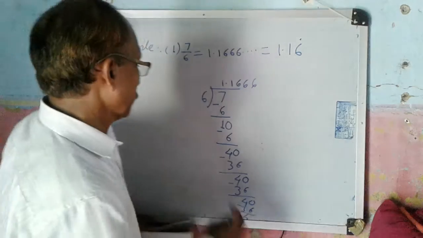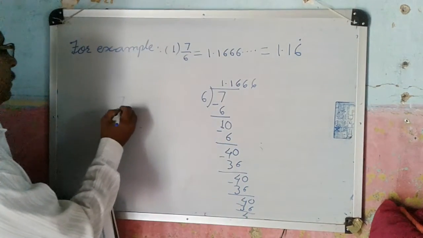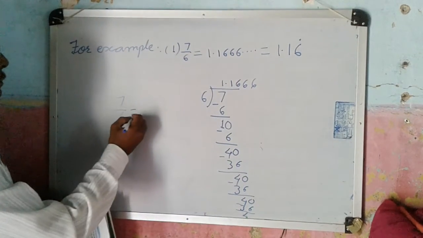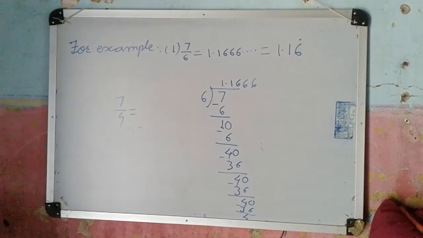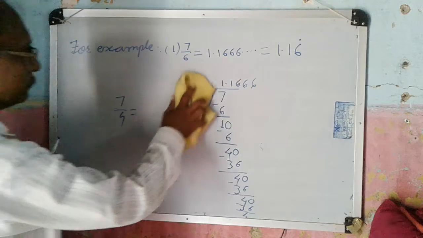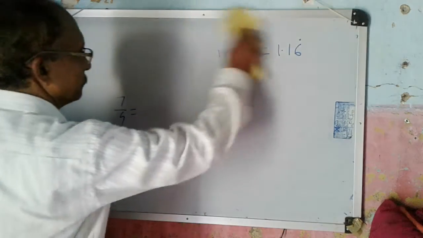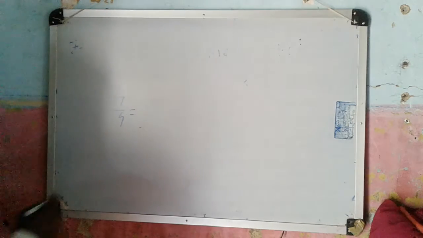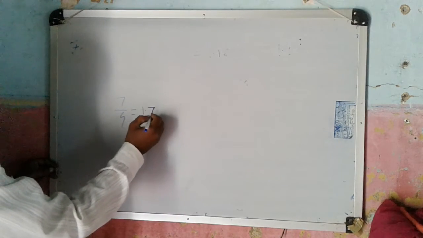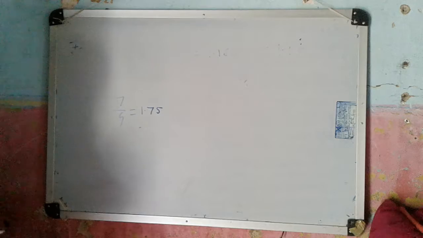In this example also, the first example, the recurring form of this is 1.75.